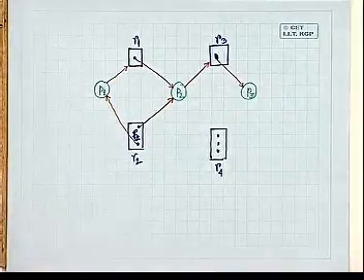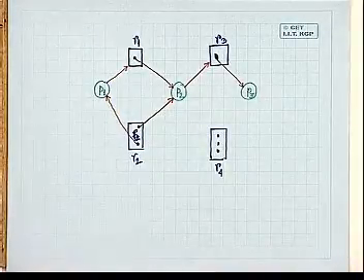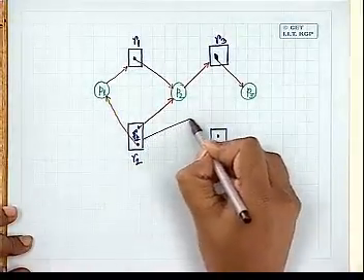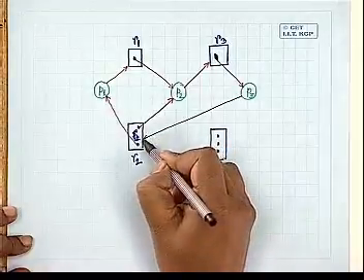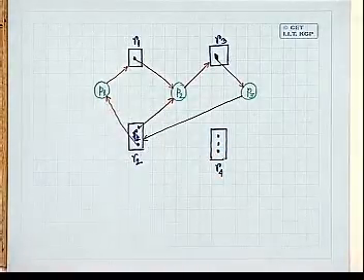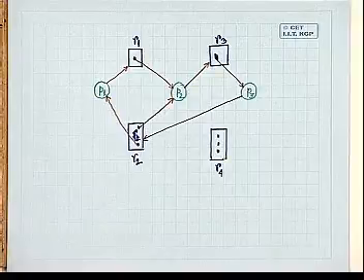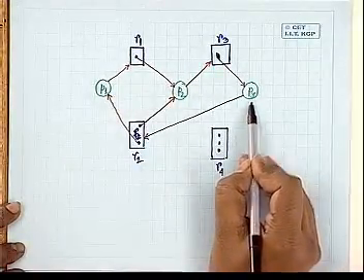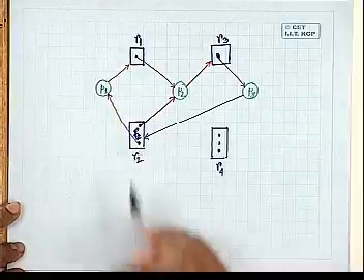But what happens if we have a situation like this? Suppose at the same time P3 is also waiting for an instance of resource type R2.